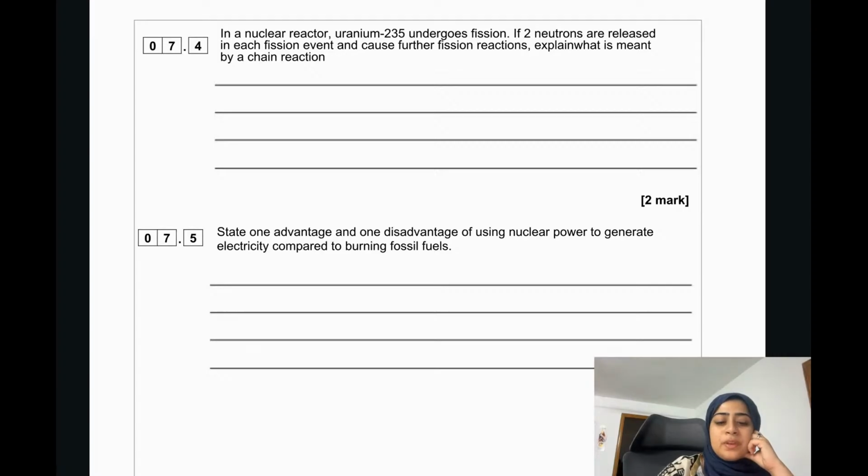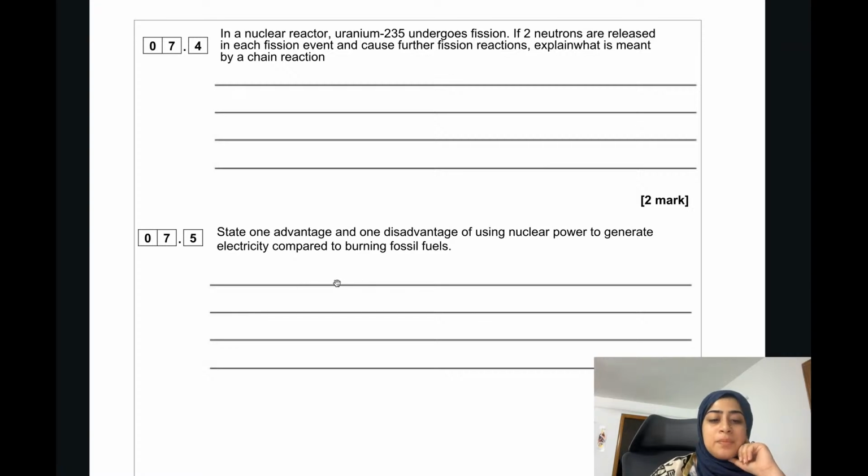One advantage and one disadvantage of using nuclear power to generate electricity compared to burning fossil fuels. Remember, guys, nuclear power doesn't emit carbon dioxide. It doesn't really emit pollution, and also a good thing about it is that it produces a lot of energy.